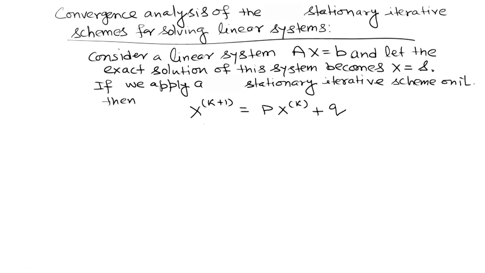Now, since s is the exact solution, we have s equals P times s plus q, because s is the exact solution, and once you obtain the exact solution, then whatever iteration you perform, you will get the same solution.